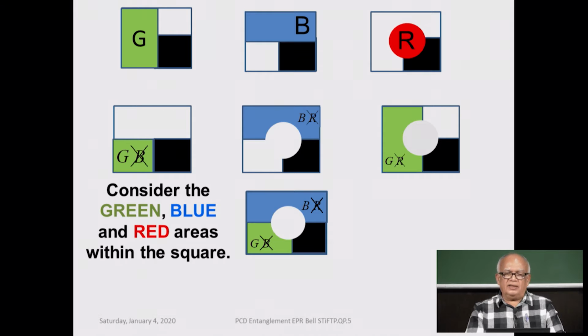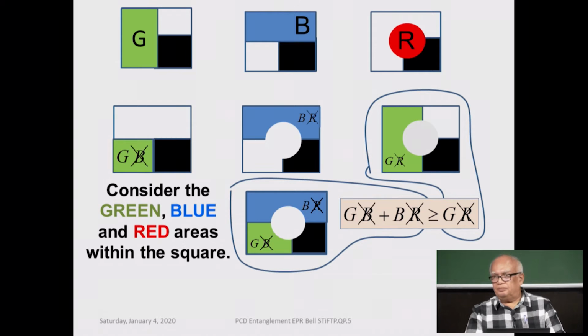And if you look at this and compare these two, it would be obvious to you that green not blue plus blue not red is greater than or equal to green not red. Now, let me pause here for a few seconds so that you can convince yourself.